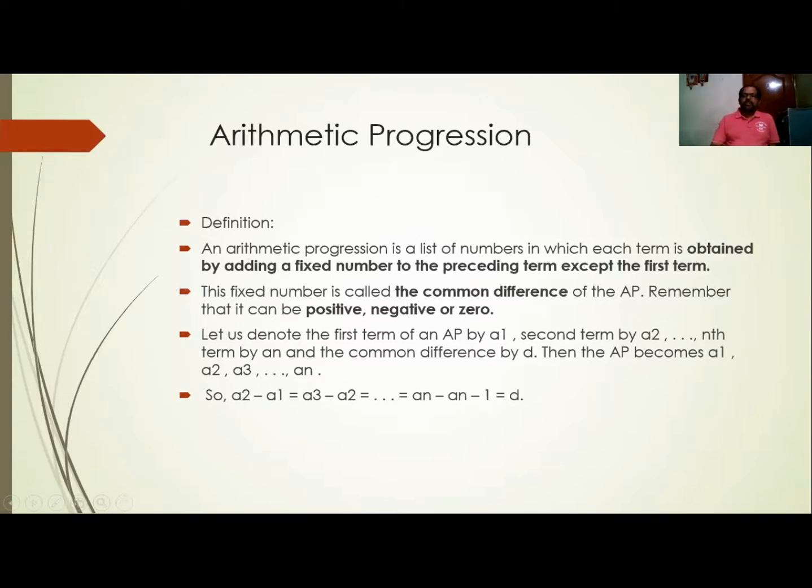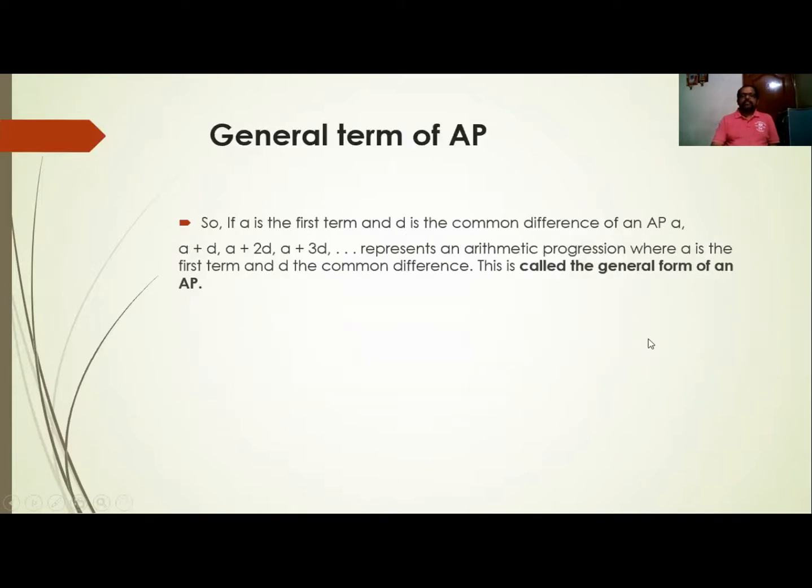If you are given some list of numbers and you are asked to check whether the list of numbers forms an AP or not, you need to check the differences of two successive terms. Any two successive terms you can take and check whether the differences are the same or not. If the differences are the same, then we can say the list of numbers forms an AP, otherwise not.